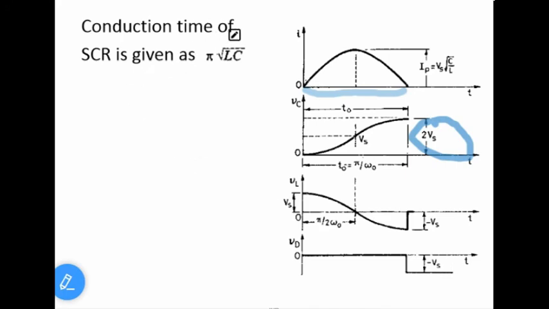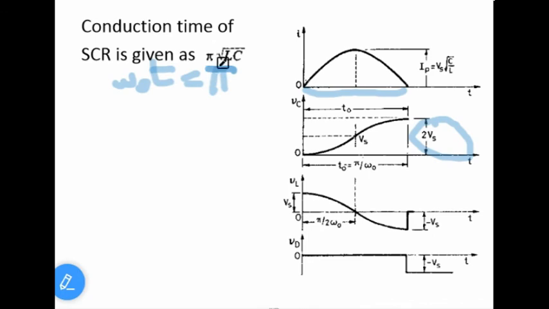Now the conduction time of the SCR is given by omega naught T equal to pi, when the angle is equal to pi, then the current will be 0. Therefore T equals pi by omega naught.